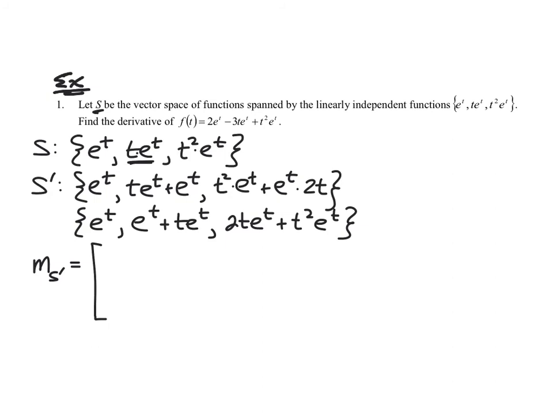So there's going to be 3 entries to our matrix, 3 rows to our matrix. All right. So the first one is just e to the t. So if I wrote this in vector matrix form, we could write it as e to the t, 0, 0.